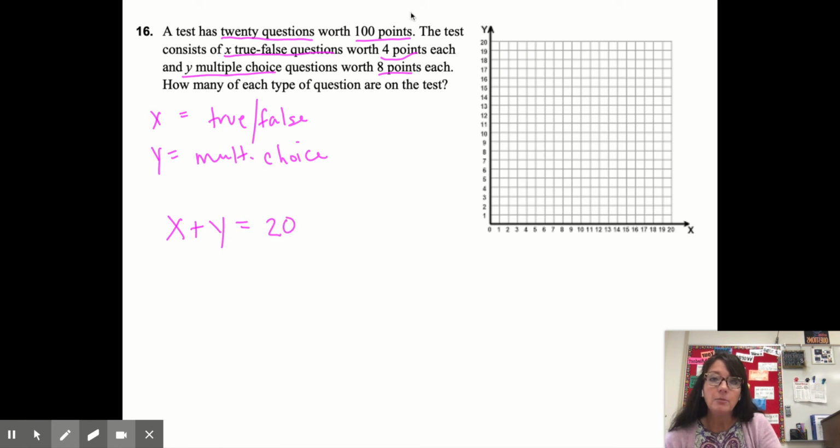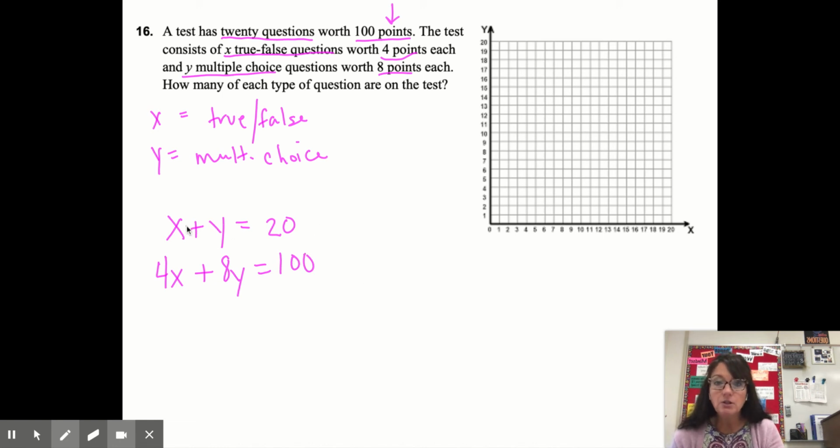But we also have information about the points. You can see that the total test is 100 points, and that the questions that are true and false are worth 4 points, and the ones that are multiple choice are worth 8 points. So if we took 4 times the number of true and false, and then 8 times the number that is multiple choice, we would get a total of 100 points. So we need to graph these.